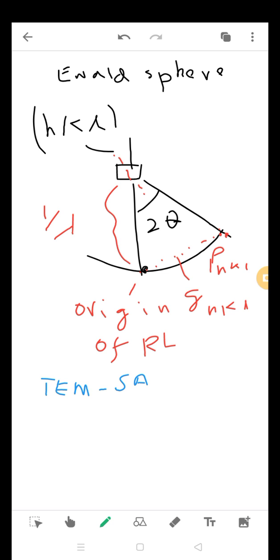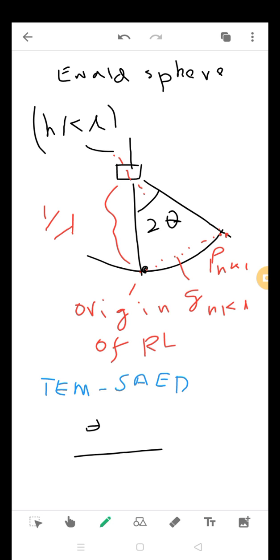So what is the relationship between the different instrumentation parameters and the reciprocal lattice, that is the diffraction spot that we have obtained? So considering the Ewald sphere only, we take an example. So if this is the Ewald sphere, say this is the sample, and this is the Ewald sphere.